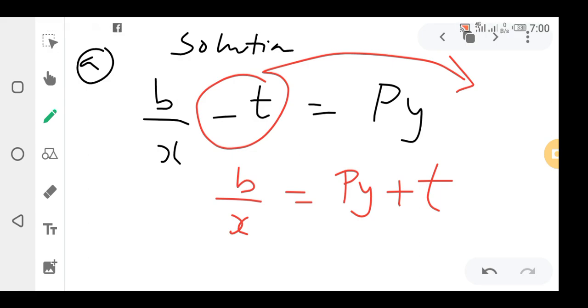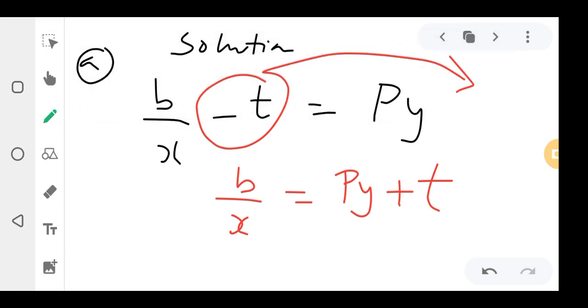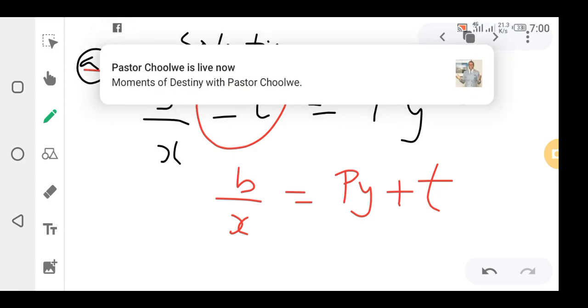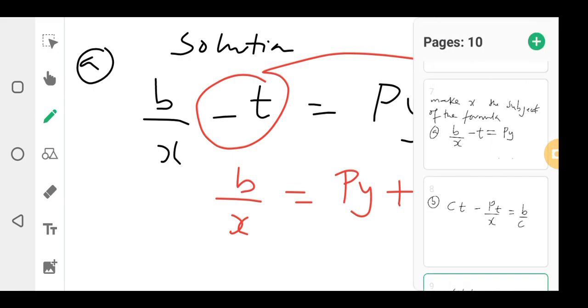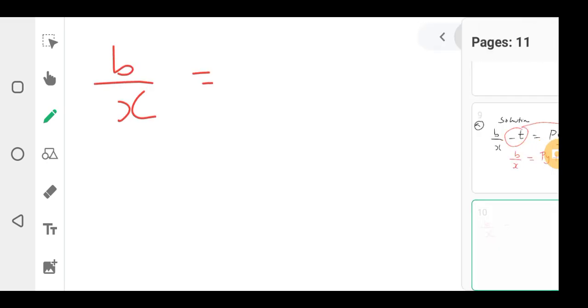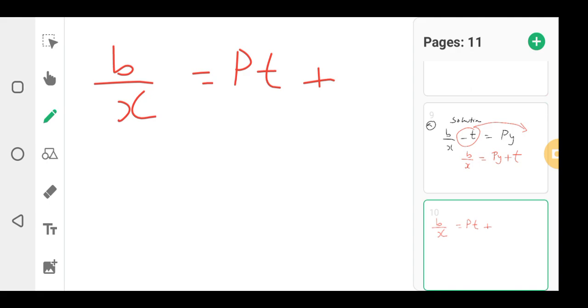When you reach here, what do you do? You solve. So we're making x a subject of the formula. So we write b over x is equal to py plus t.